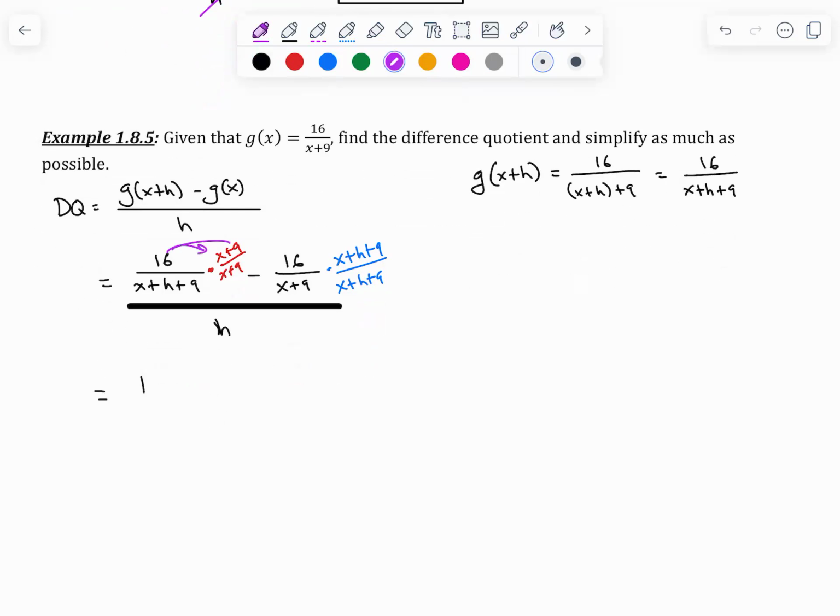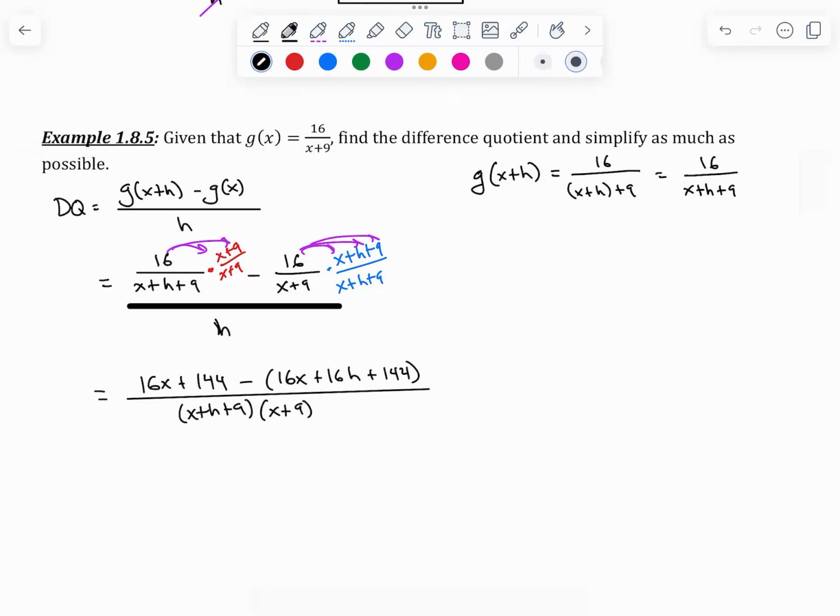remember to distribute. You get 16x plus 9 times 16 is 144, minus, in parentheses, 16x plus 16h plus 144, all divided by x plus h plus 9 times x plus 9, and then the big denominator over h, which looks really, really intimidating until you remember that h is the same thing as h over 1.